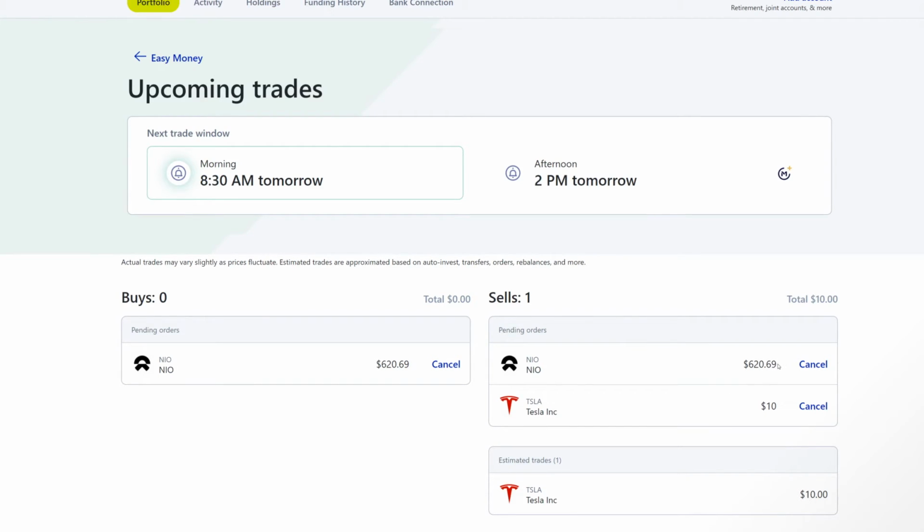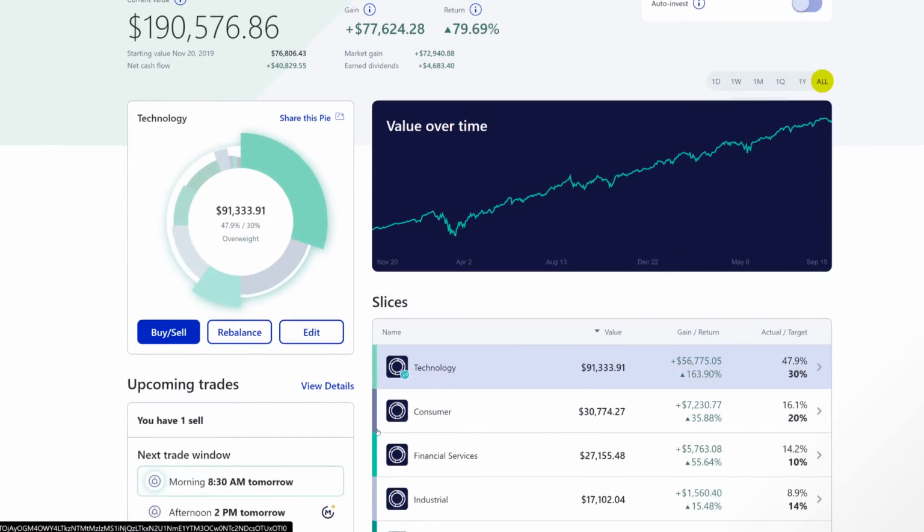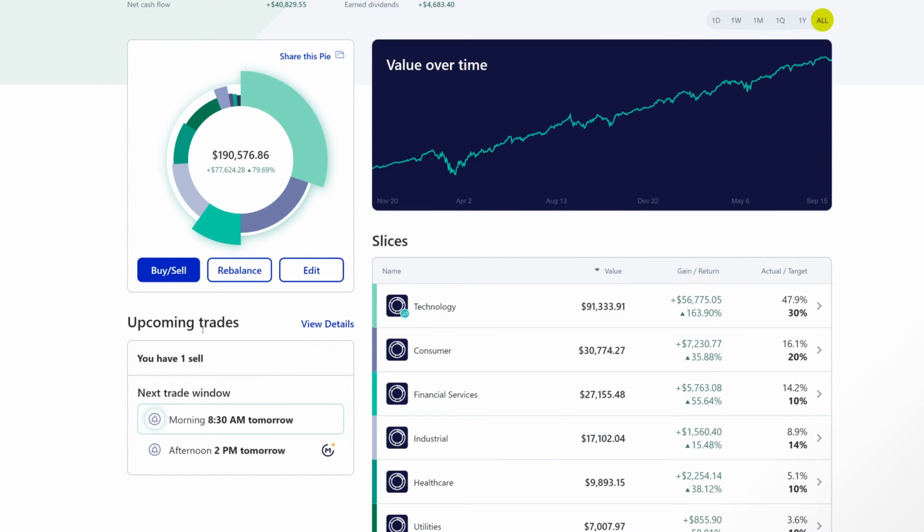So the one that you're moving around, it should cancel out. So you should be selling the same amount and buying the same amount. So at that point, you're not actually creating a taxable event, and it should move it around for you. But that is all you have to do. Definitely you'll have to play around with the price on how much you sell and buy, because you're not going to get it exactly.